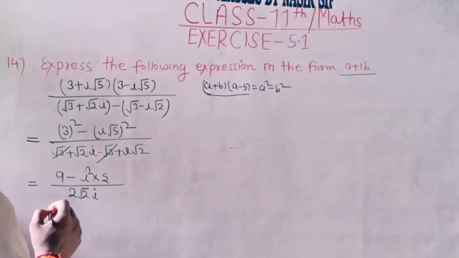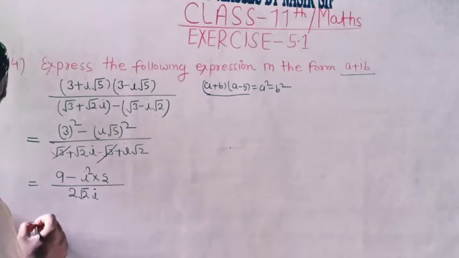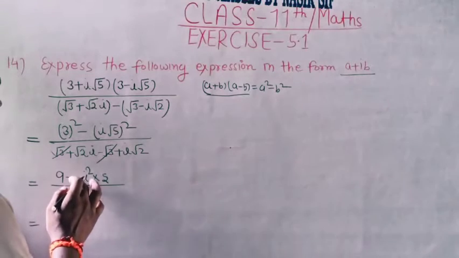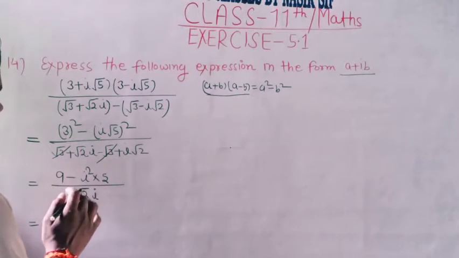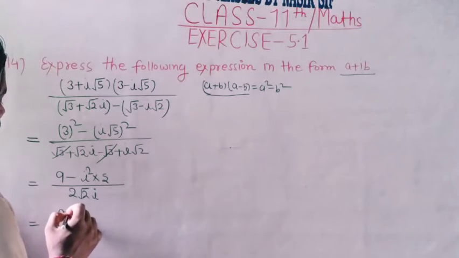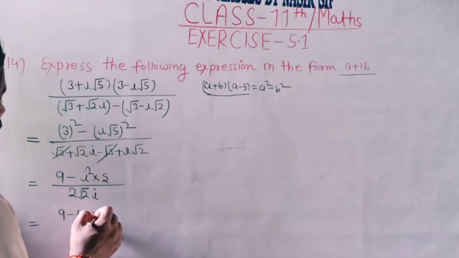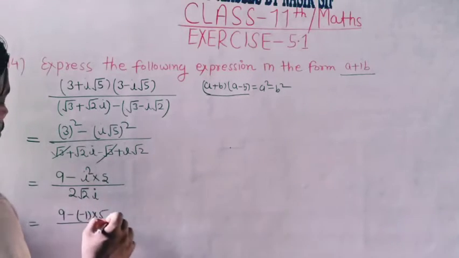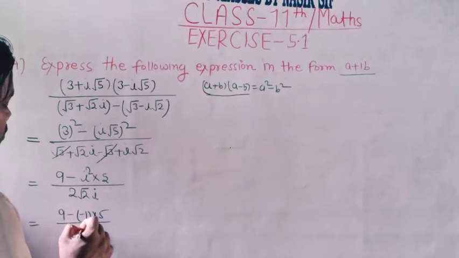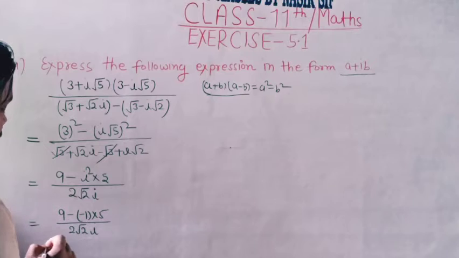Okay, here the value of i square is minus 1, so this is 9 minus, into minus 1, into 5 upon 2 root 2 i.